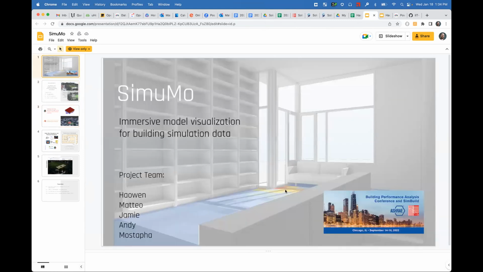Here you can see on the ground they've overlaid thermal comfort, or I don't know if that's actually thermal comfort or might just be daylight. But the point is you can see it in context, in an immersive environment instead of just on a screen. So that seems really interesting.